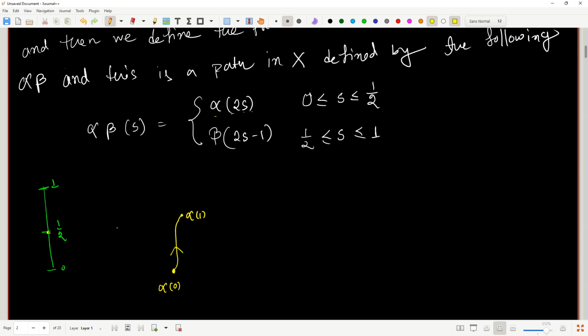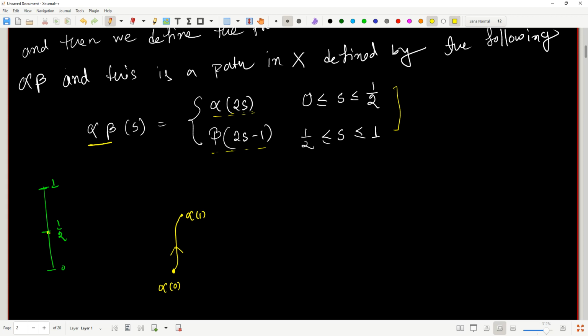And look what I have done. I have done a product over here, and I explained this product in terms of functions that depend on your interval. That means on the first half of the interval I use this alpha mapping, and on the second half of the interval I'm using the beta mapping, or so to say the beta function. So this is the familiar piecewise function that you see in your calculus course.